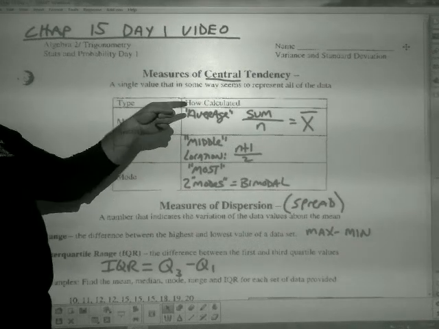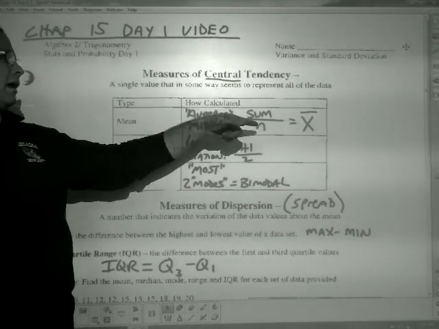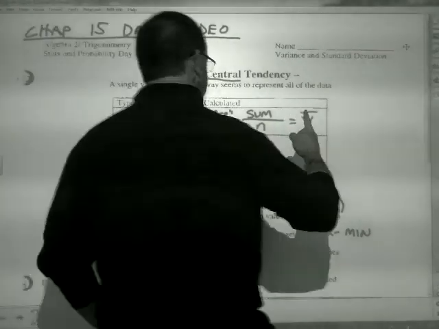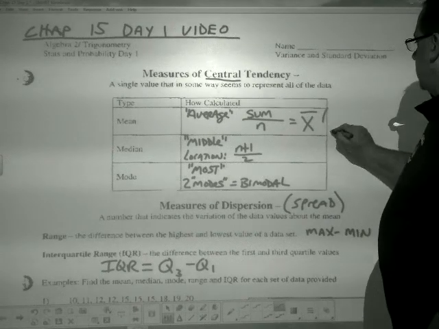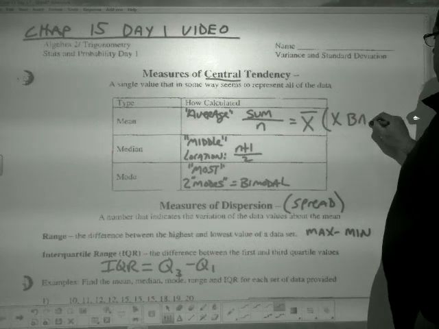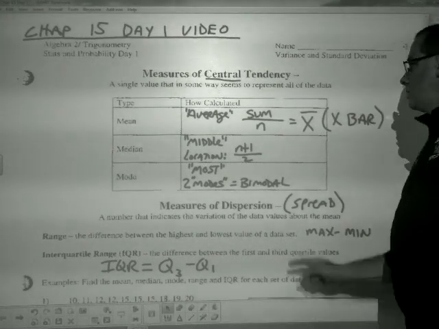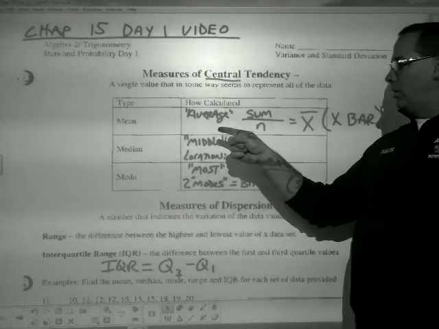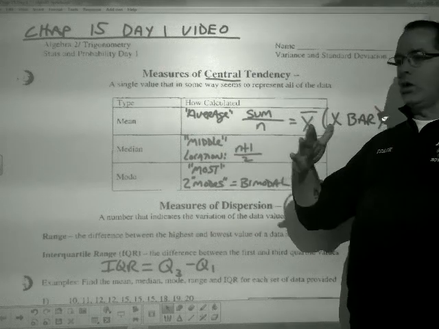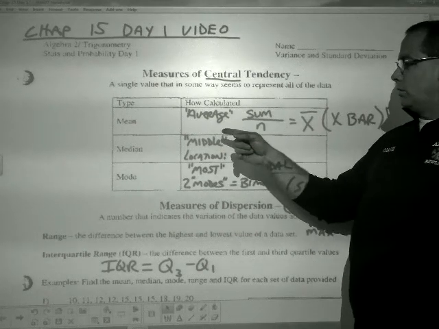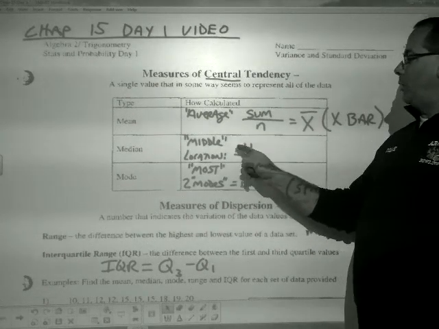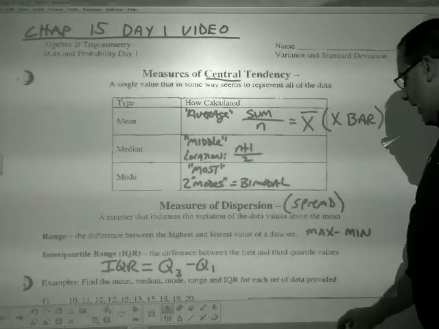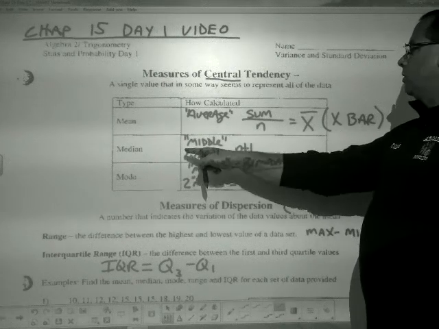So the mean is the average. You take the sum, divide by n, and you get the mean. And we use x with a bar over the top, and we call this thing x bar. And that is the mean. The median is the middle number. Line them all up. Where's the middle? The location of the middle is take how many numbers you have, add 1, divide by 2 will tell you where the middle is, the middle location.